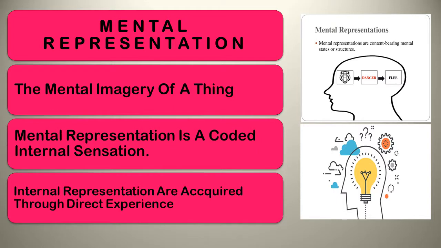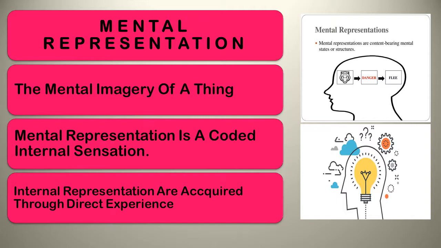Mental representation is a mental imagery with the help of which the brain codes and stores the information. It is like a hypothetical internal cognitive symbol used by the brain to represent external reality.